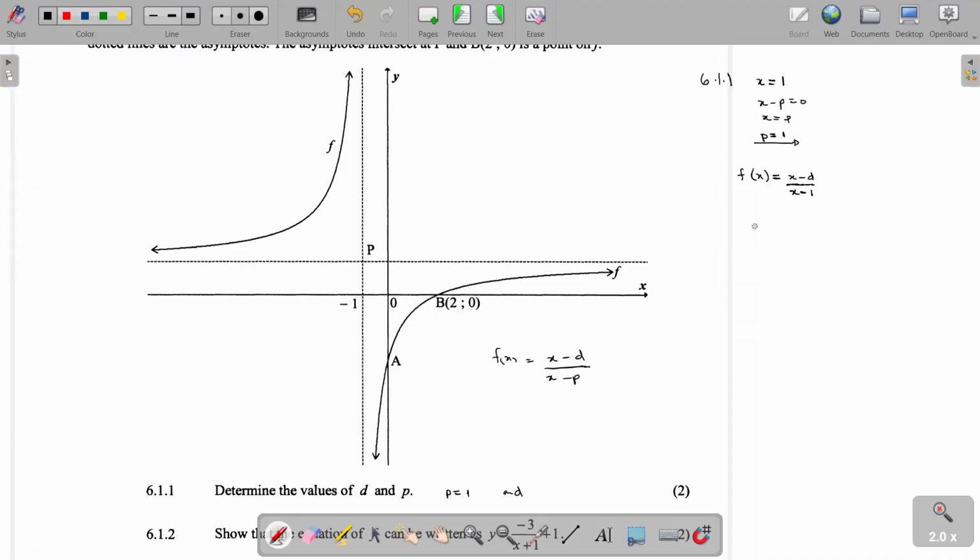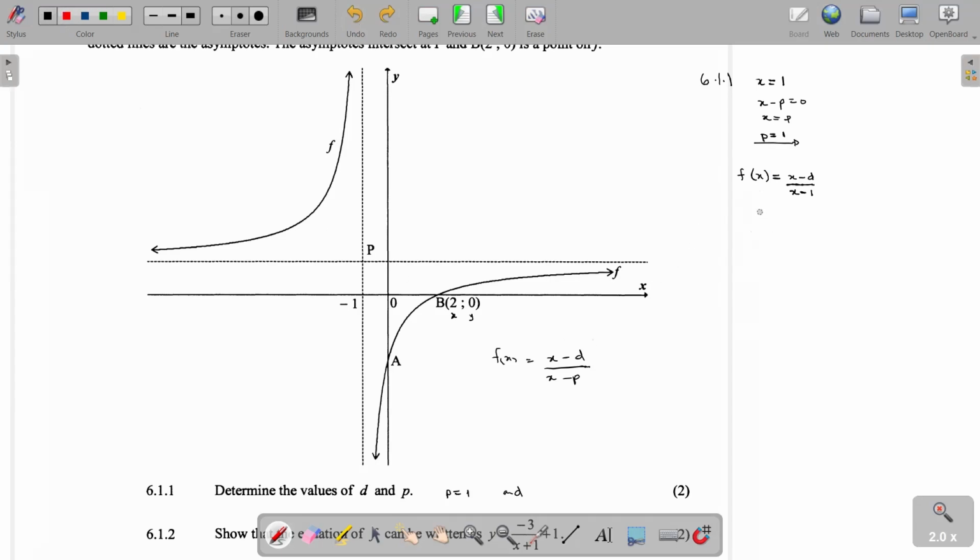We are now left with d. So to solve for d, we are going to use the point B. We substitute 2 as x and 0 as y. Where there is y, we put a 0.